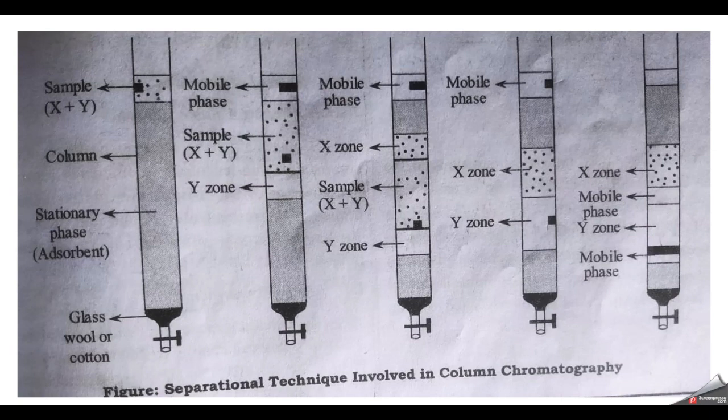Upon continuous flowing of the mobile phase, the sample gets separated like X zone and Y zone, and separate bands are formed. Based on their relative affinities, X plus Y is separated. The one which has less affinity is separated first, and the one which has more affinity towards the stationary phase is separated later.